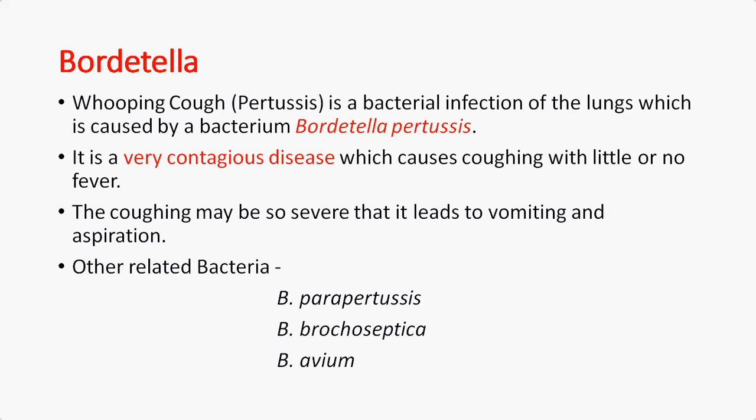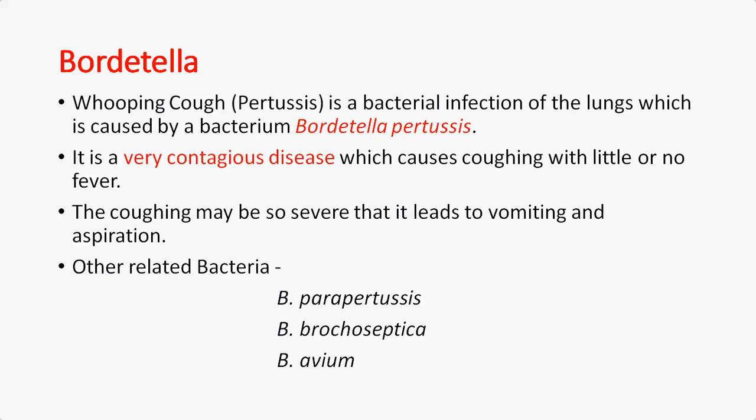Now the next gram-negative coccobacilli is Bordetella. What do you know about Bordetella? Bordetella pertussis is the main causative organism of whooping cough in children. Whooping cough is a highly contagious, vaccine preventable bacterial disease. So two points: highly contagious and vaccine preventable.